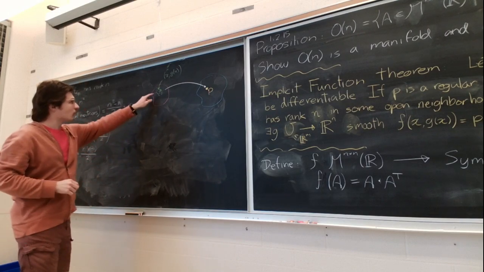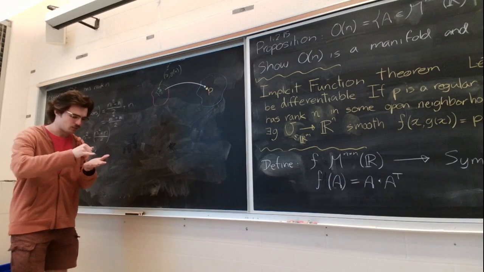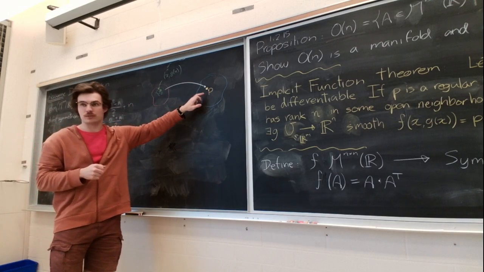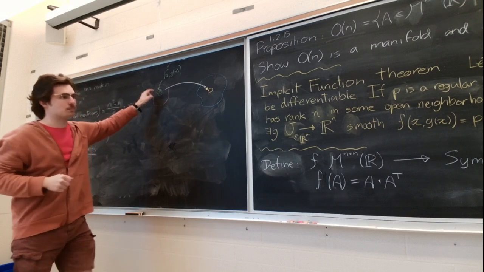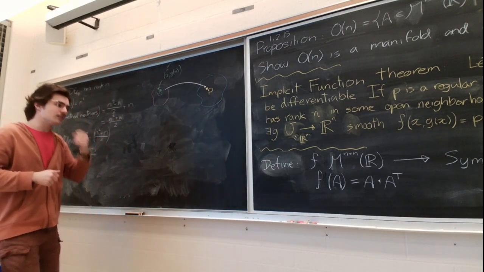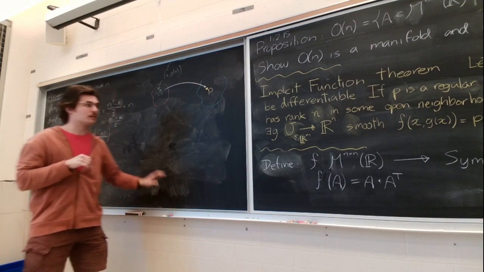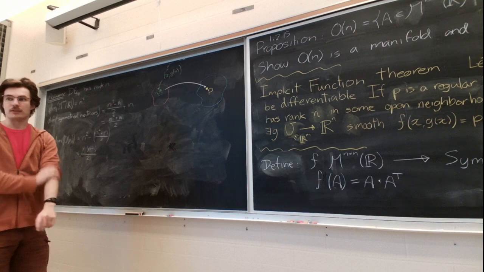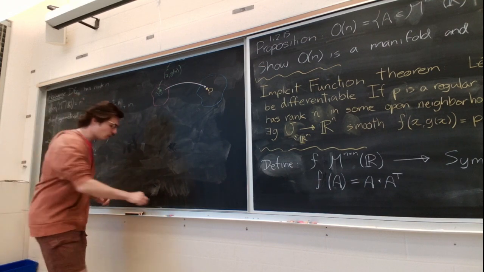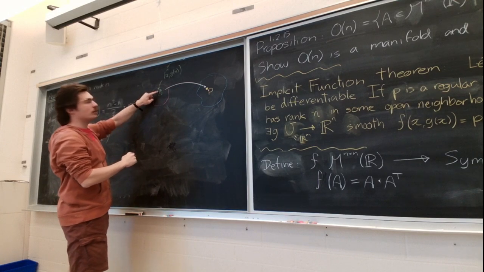So this theorem only tells me what the local coordinate is around a particular point in the pre-image, if the derivative at this point is nice enough. This doesn't necessarily tell me everything I need to know about this being a manifold, because the whole set O(n) is much larger; this is only a small neighborhood of this point.